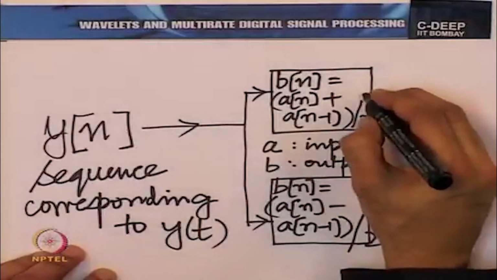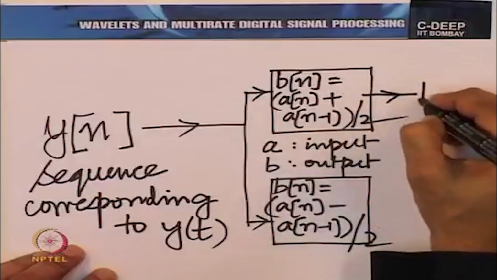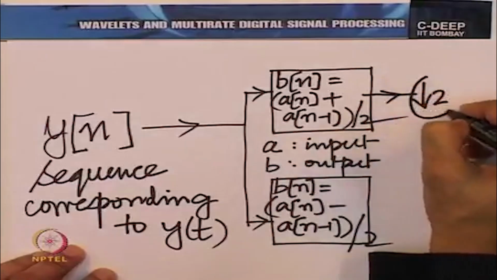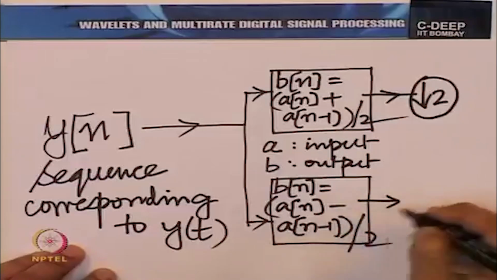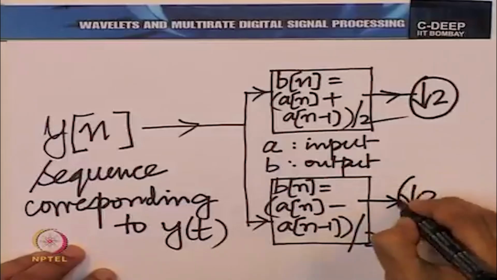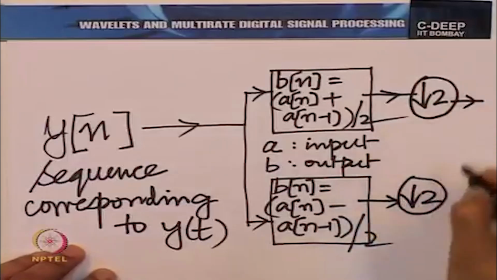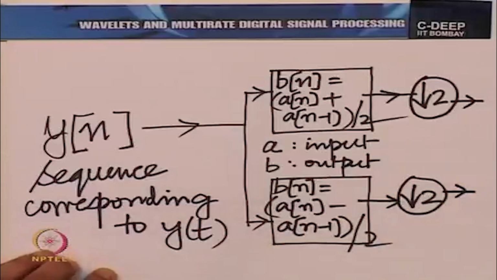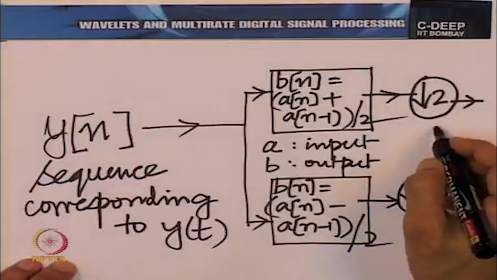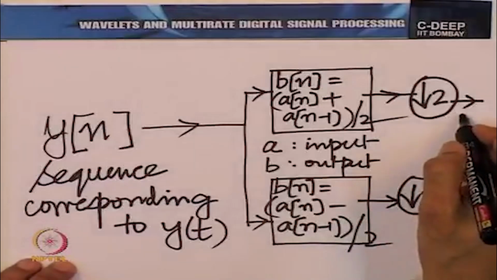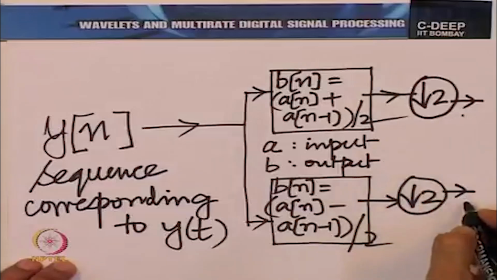And then I have a decimation operation, as I talked about yesterday, a down arrow followed by 2. So, this is the structure that gives me the sequence for V 0 here and the sequence for W 0 here.